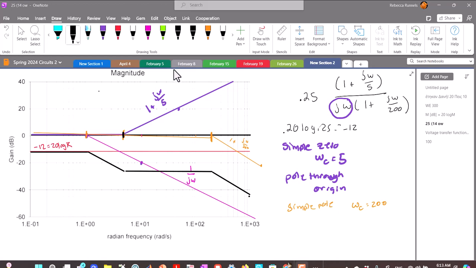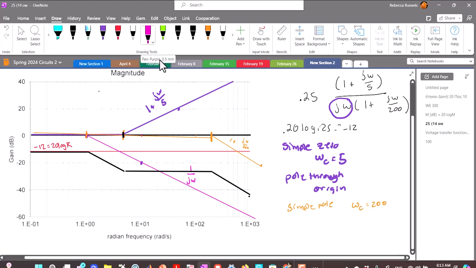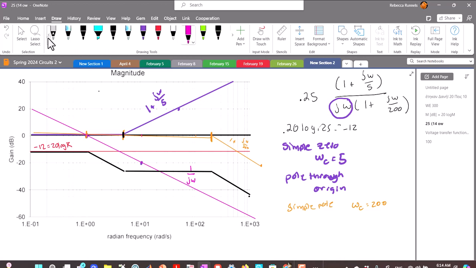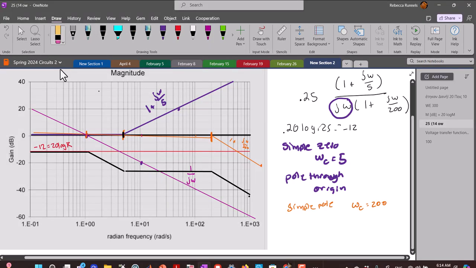Shoot, I just realized I messed up my simple zero. My simple zero should have looked like this. It was not 0 before that, so that means this part of my answer is not right.